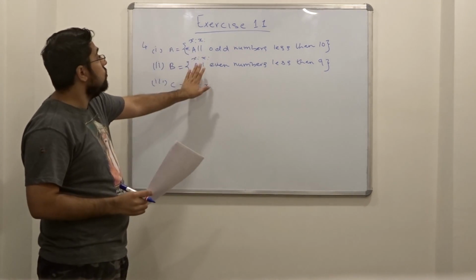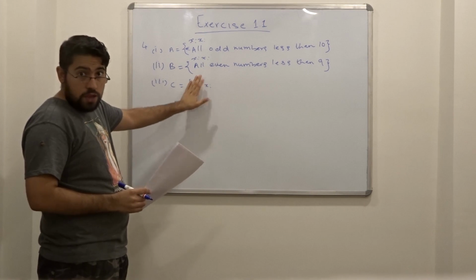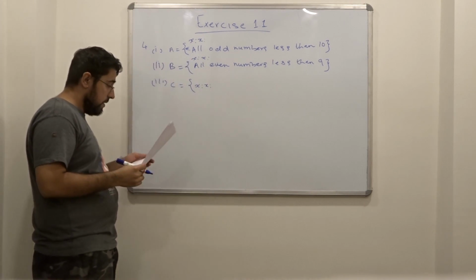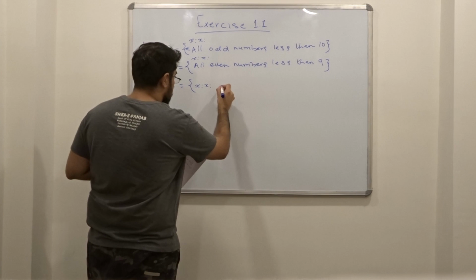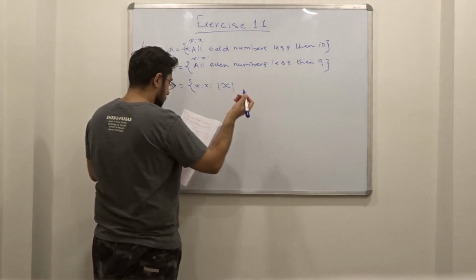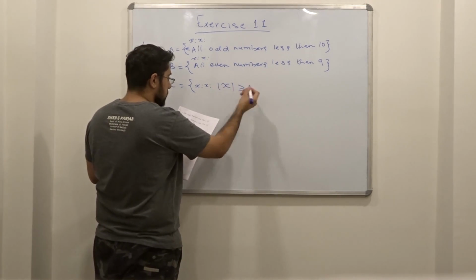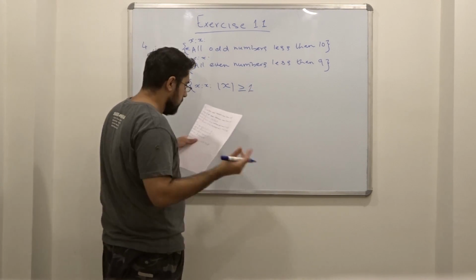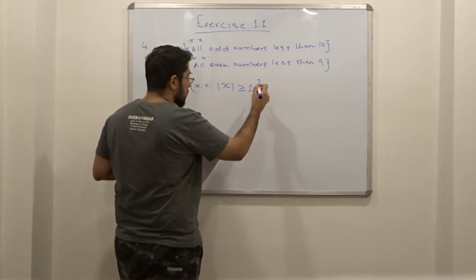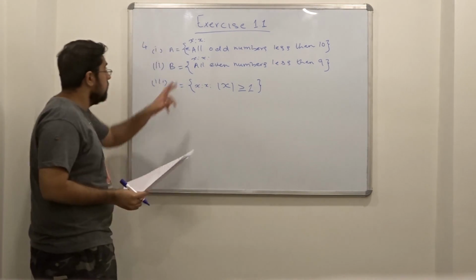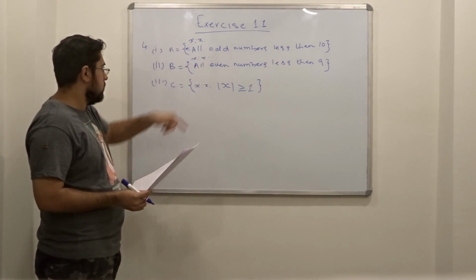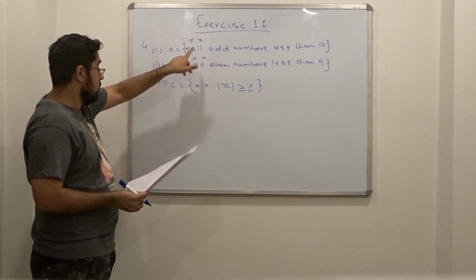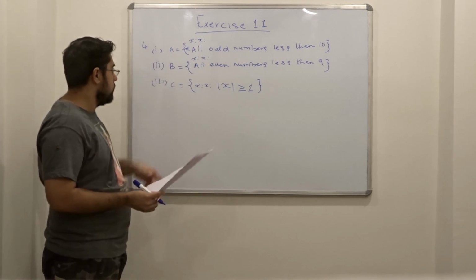Otherwise guys, you are going to lose marks. I apologize from my side, but this is how it is. Thank God I just remembered. Otherwise you would have lost so many marks because of my careless mistake. I'm sorry about that. So just remember, this is what you put.